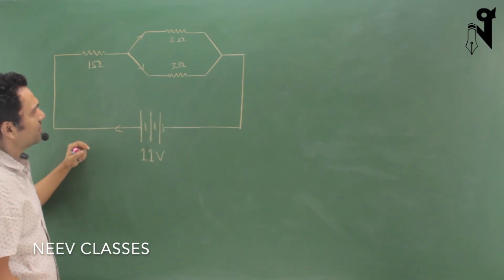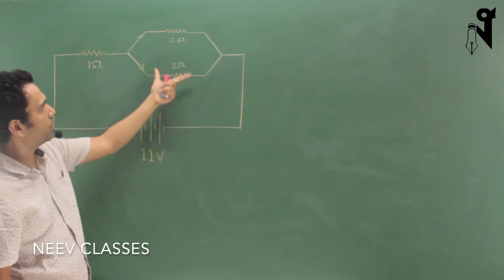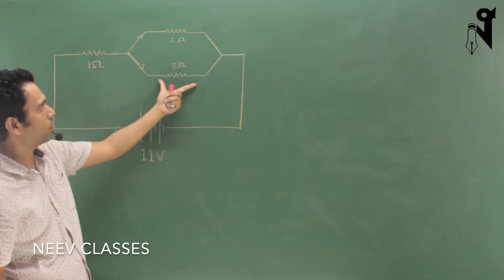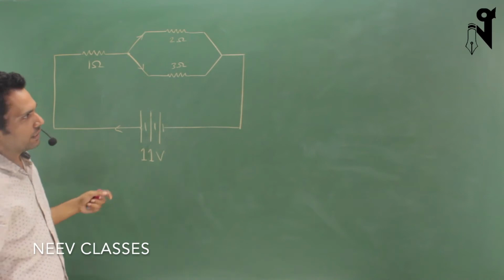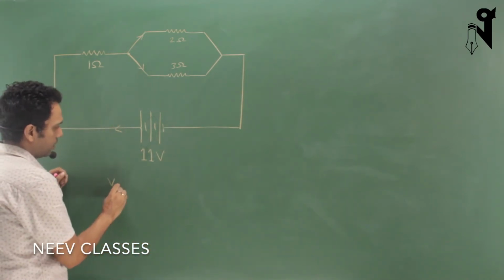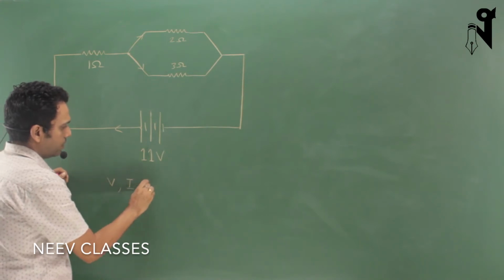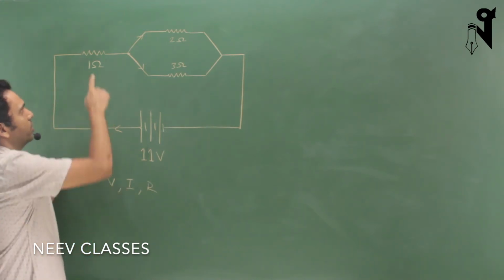And in the process of solving, you'll comment on the voltage drop across each of these resistances. What is the voltage drop across this? What is the voltage drop across that? What is the voltage drop across that? So I want V and I for all the R's given. V and I, what is the current in this?